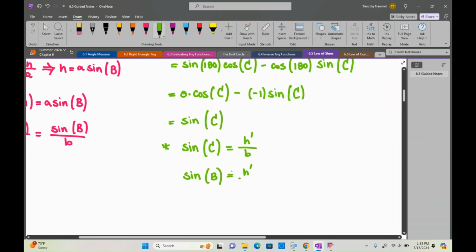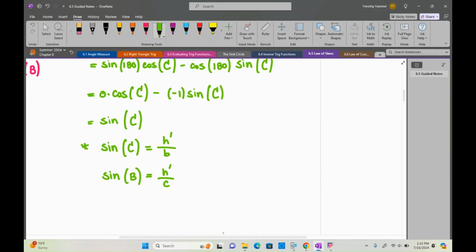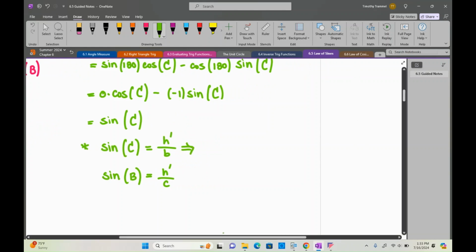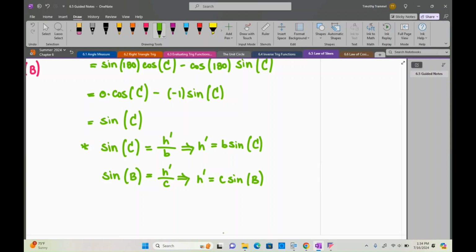And you can probably guess, we're going to do the same thing that we did last time from here. We're going to solve these both for H prime because last time we solved these for H. So I need to multiply both sides of this equation by B, and that'll give me H prime equals little b sine of big C. This second equation, I want to multiply both sides by little c, and so I get H prime is equal to little c sine of big B. And then I'm going to do the same thing that we did for the next step, which is to set these both equal.